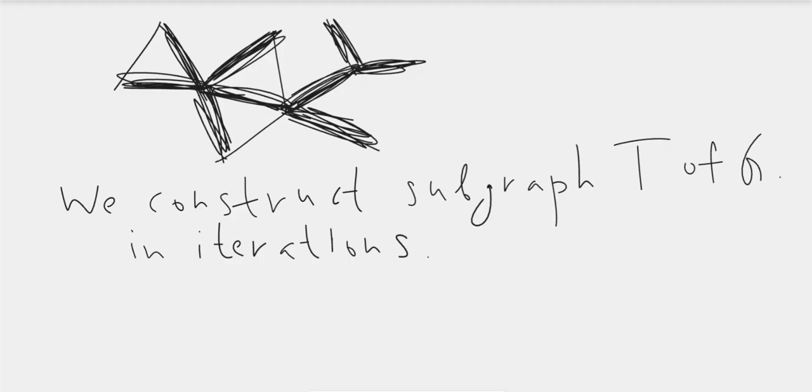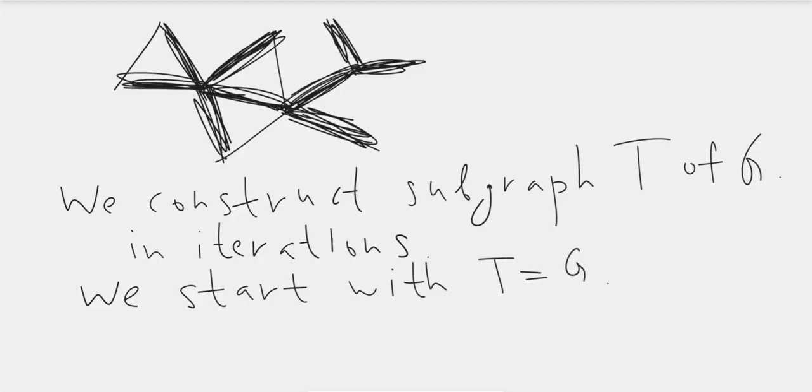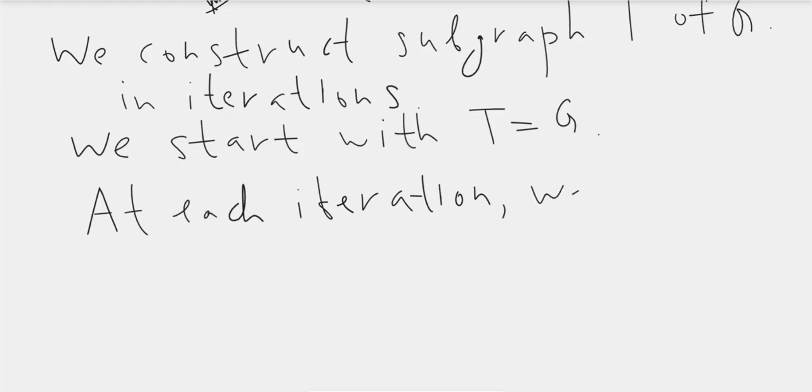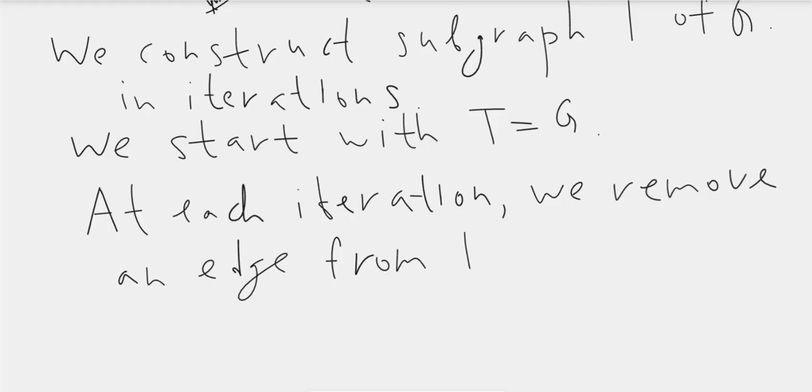First, we start with the whole graph G. We start with T equal to G, and at each iteration we remove an edge from T without violating connectedness.